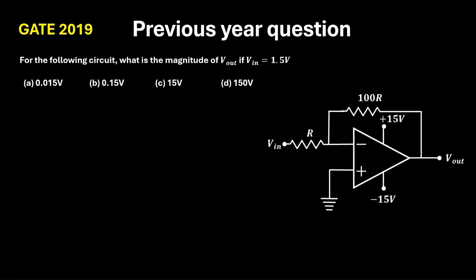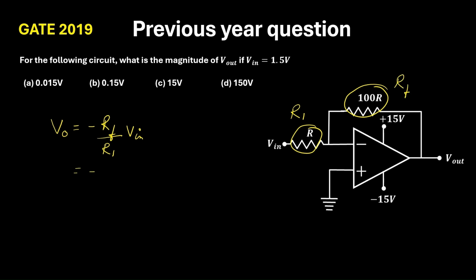We know the formula of the output: V naught is equal to minus RF by R1 into V input. Now this resistor R is R1 and this one is RF. So if we substitute their values, it will be minus 100 R divided by R into 1.5, the input. If we do the calculation, this will give 150 volt.